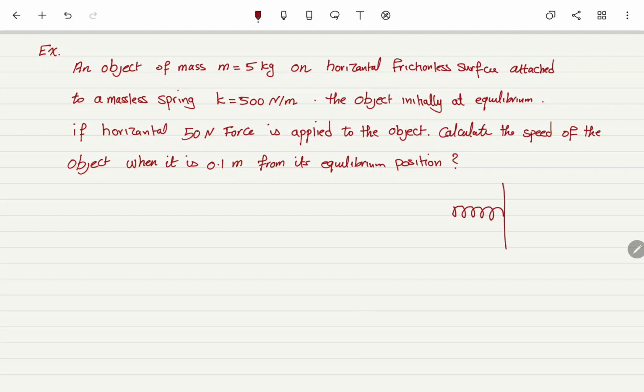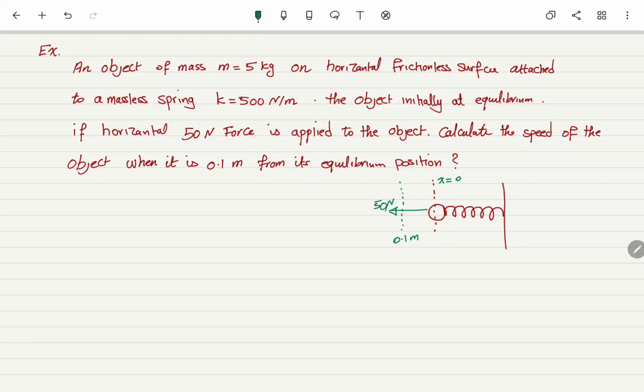The spring is initially in the equilibrium position, so x equals 0. We need to calculate the speed of this object when it is 0.1 meter from its equilibrium position.